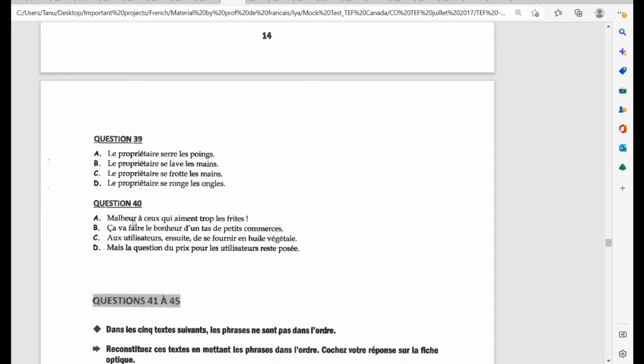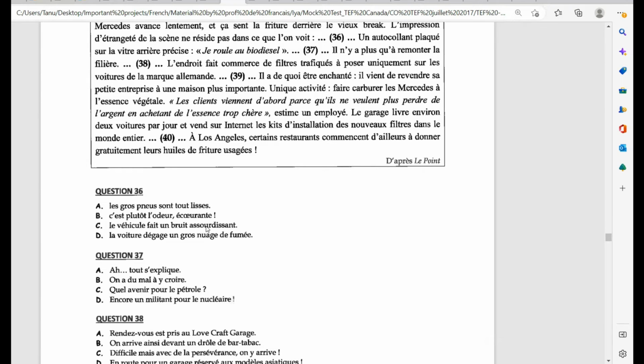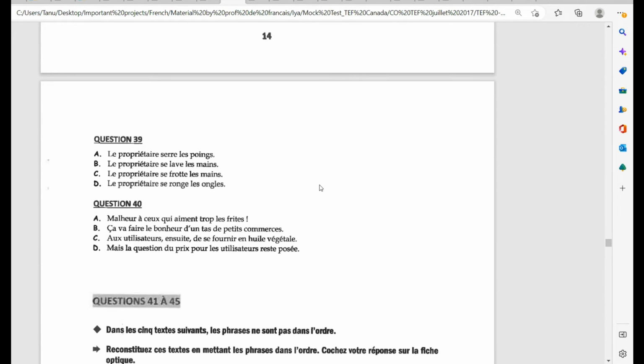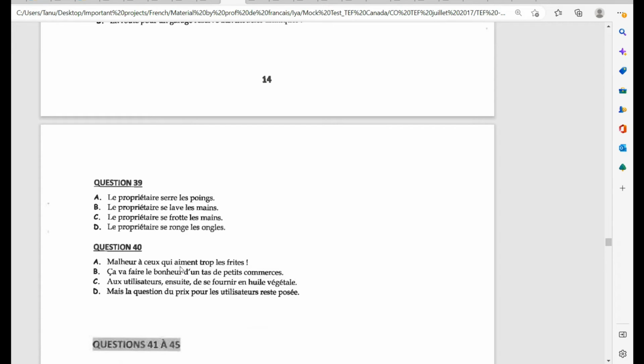Malek asuki em thole frit. So before this line, before the fill in the blank, we read that this garage sells 2 cars per day, and on internet they also sell installation kits for new filters. I don't think this should be the answer because we are not talking about frit here, so this should be eliminated.